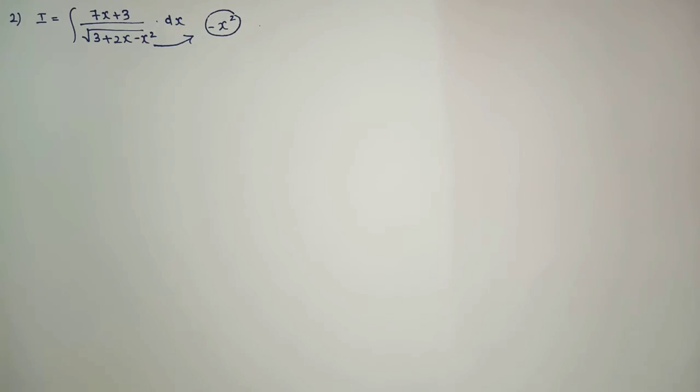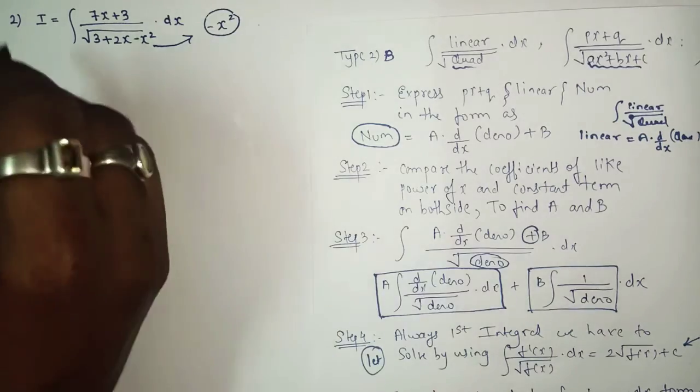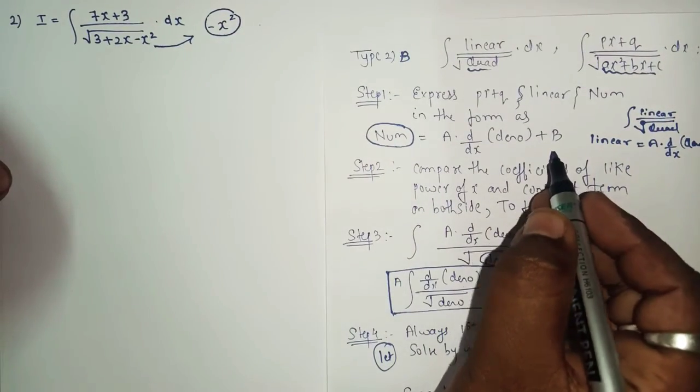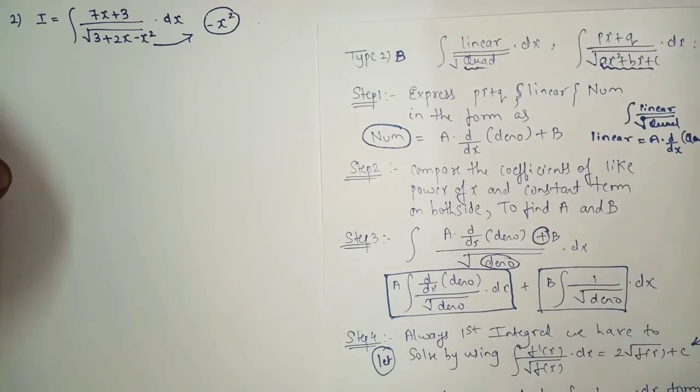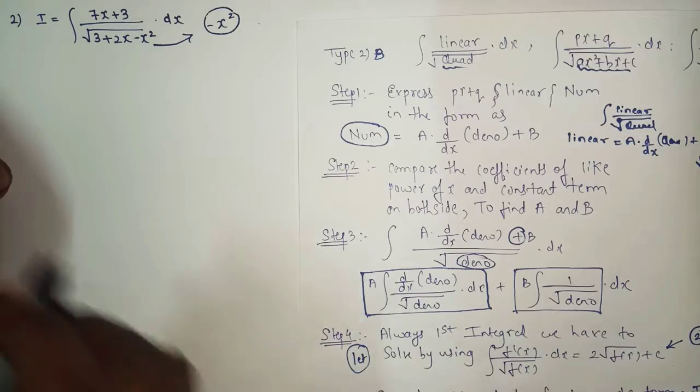Okay, so let's begin with the format now. Here step number 1 says we have to apply the formula: numerator equals a derivative of denominator plus b, or else you can remember the format as linear equals a derivative of quadratic plus b.